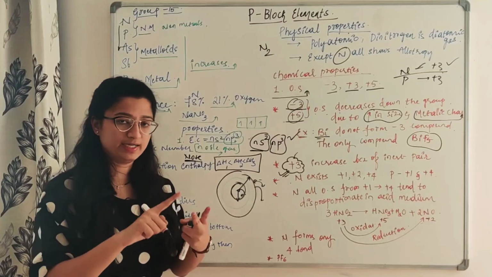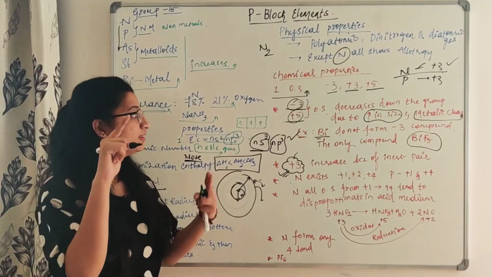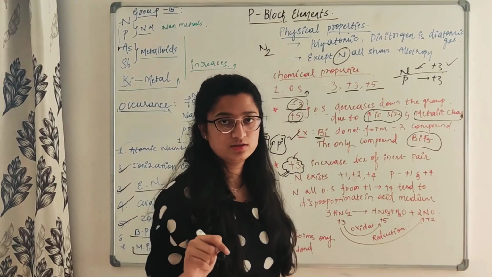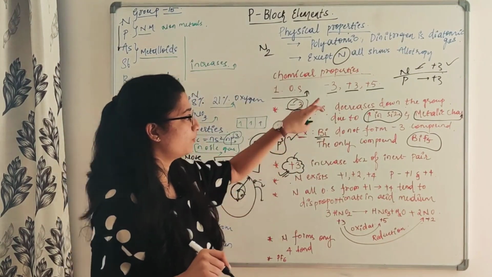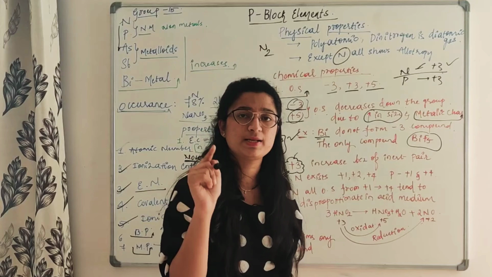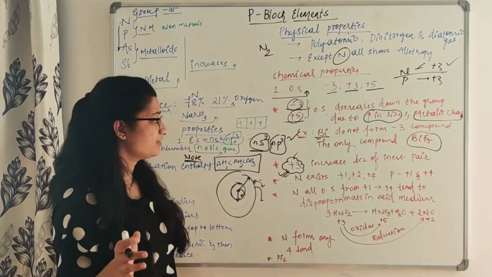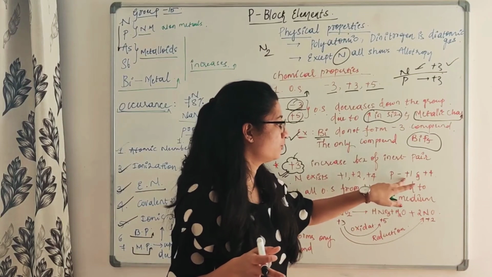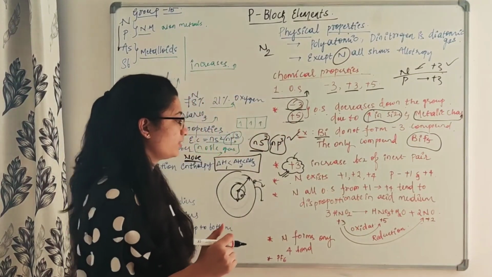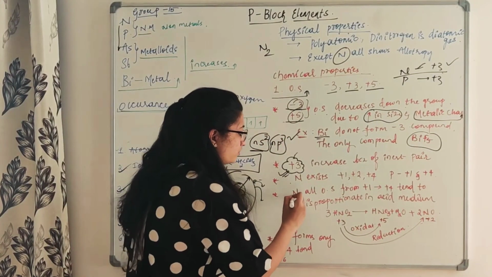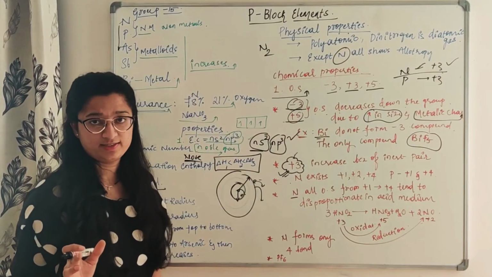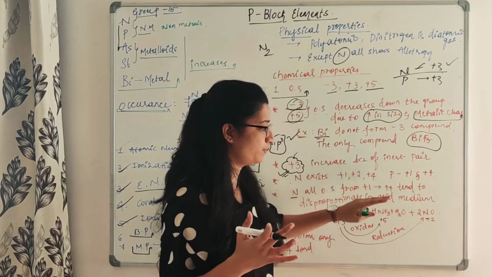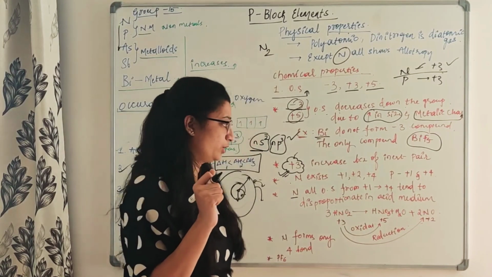So remember, -3 and +5 decrease down the group, +3 increases down the group. The common oxidation states are -3, +3, +5, whereas nitrogen shows +1, +2, +4 as well. Phosphorus will show +1 and +4. Nitrogen shows all the oxidation states from +1 to +4.